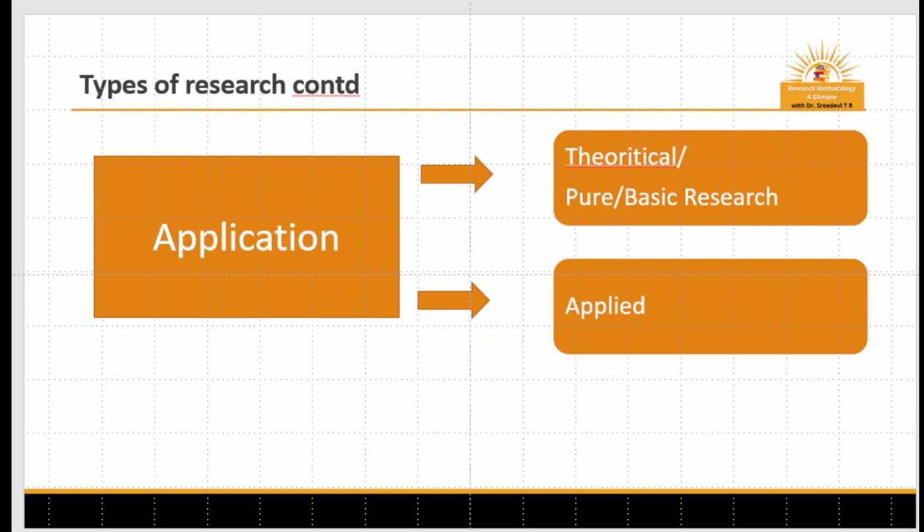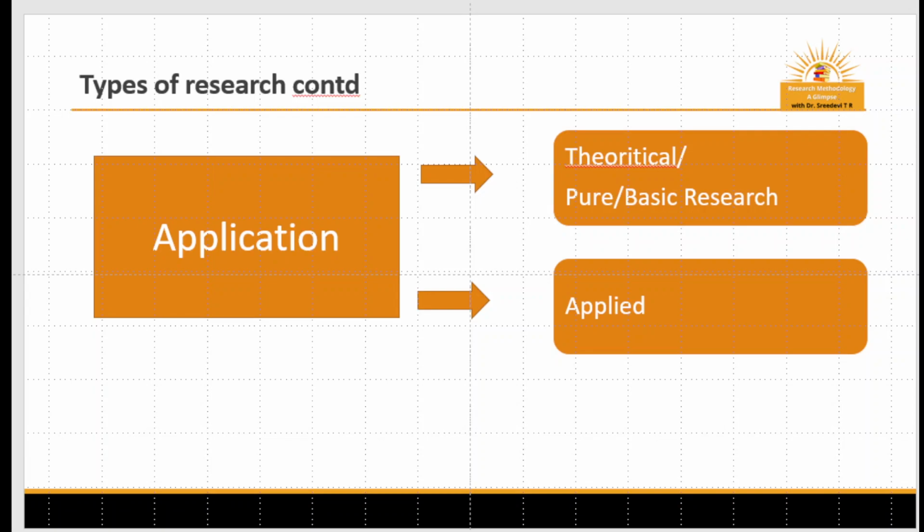Then based on the application, it can be theoretical research, pure research, basic research, or fundamental research, or it can be called armchair research because this research is mainly for knowledge production.